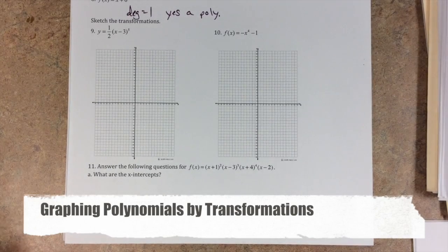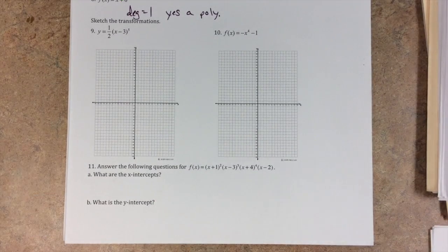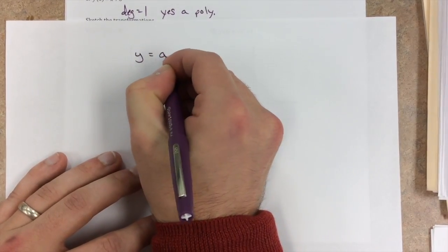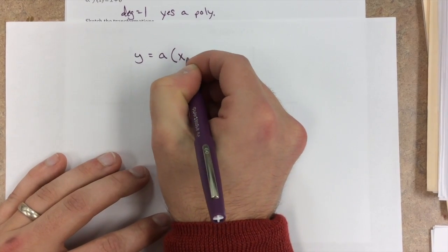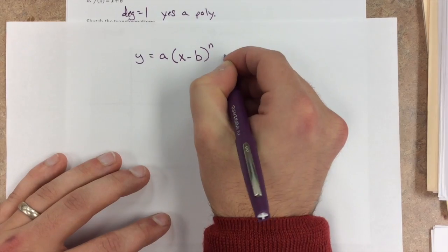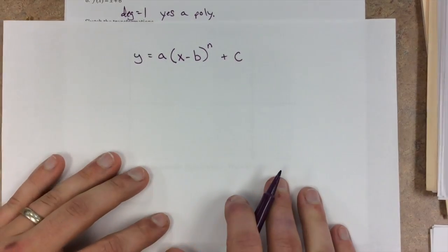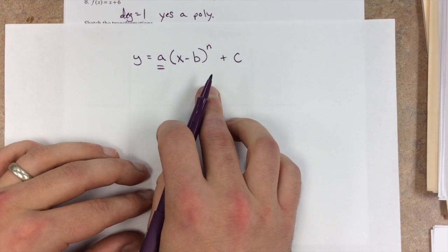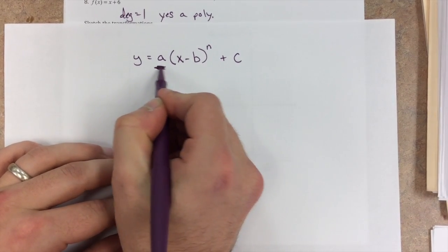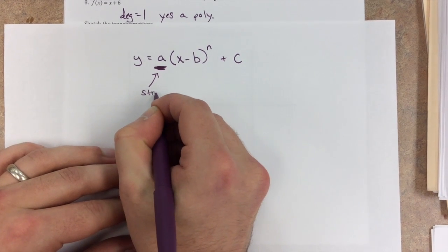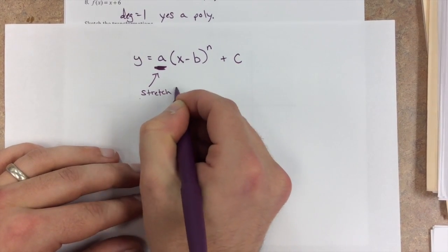So let's look at this next section, talking about transformations. If we have a function, let's say any function, equals a number times x to the n plus c. The number out front, this a value, will give your stretch or shrink.